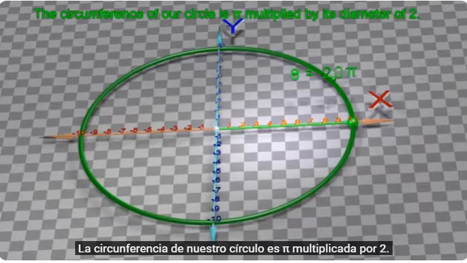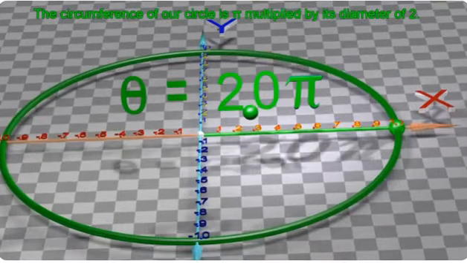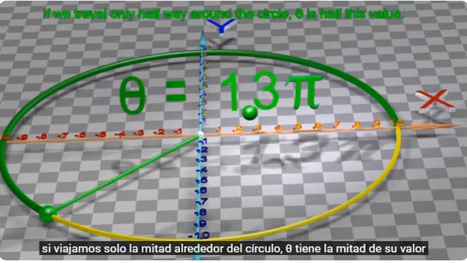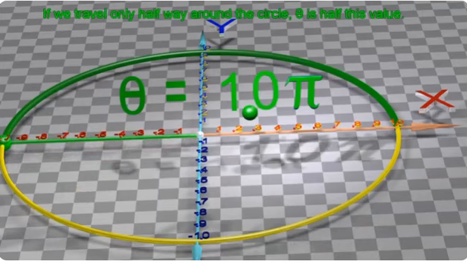The circumference of our circle is pi multiplied by its diameter of 2. If we travel only halfway around the circle, theta is half this value.